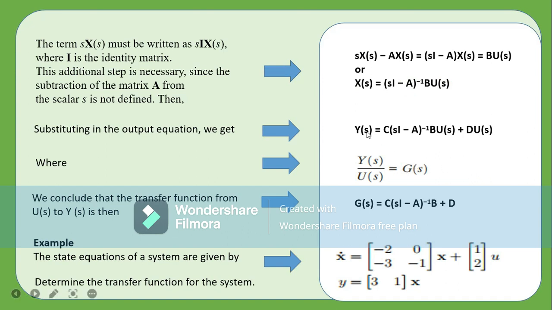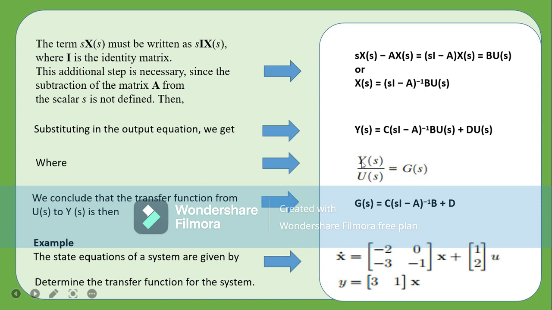So remember that the transfer function is actually the ratio of the output of the system to the input of the system. That's going to give you the transfer function G of x. Recall, that's the representation of transfer function.